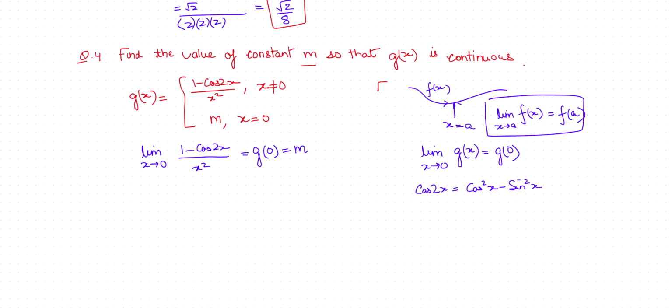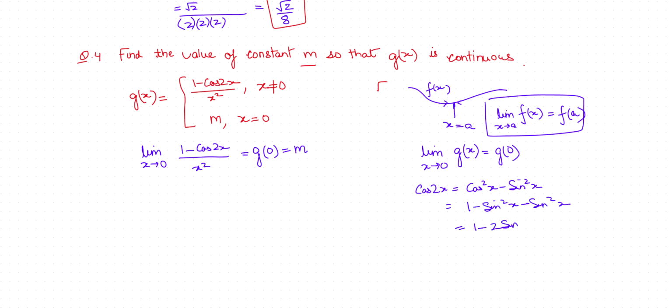So this is cos of 2x. We want to use the sine fact. So let's simplify this: cos 2x is cos square x minus sine square x, and cos square x can be written as 1 minus sine square x. So this is equal to 1 minus 2 sine square x.